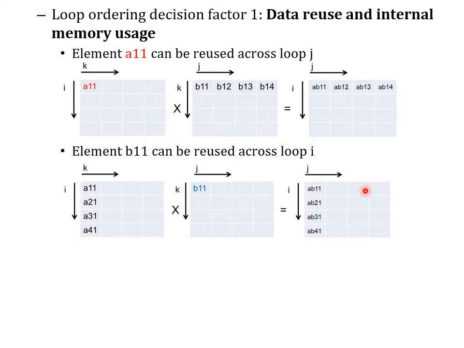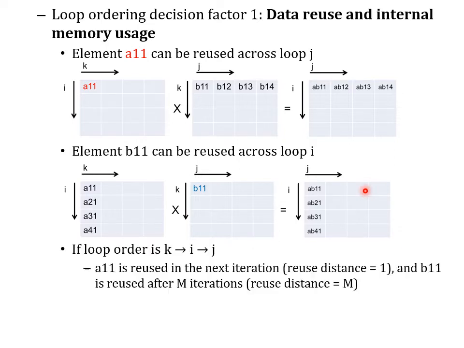For example, let's suppose that we use a loop order of K, I, J. That is, the outermost loop is K, and then comes the I loop, and then the innermost loop is the J loop.